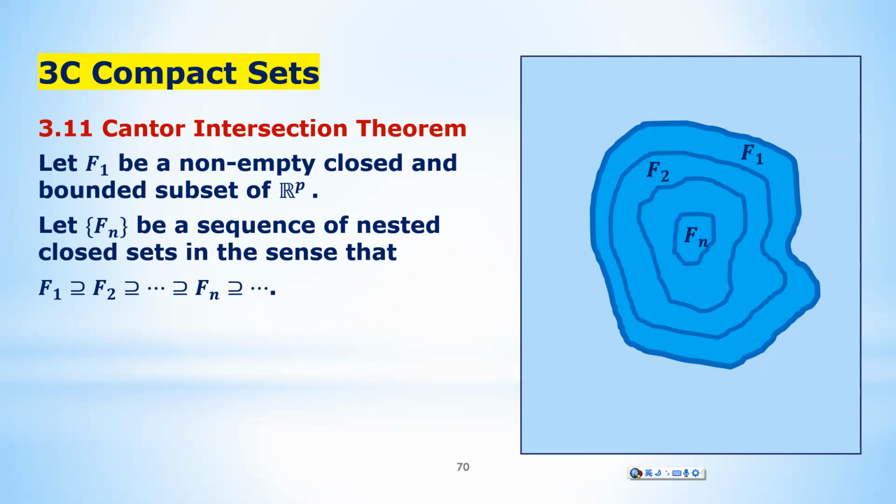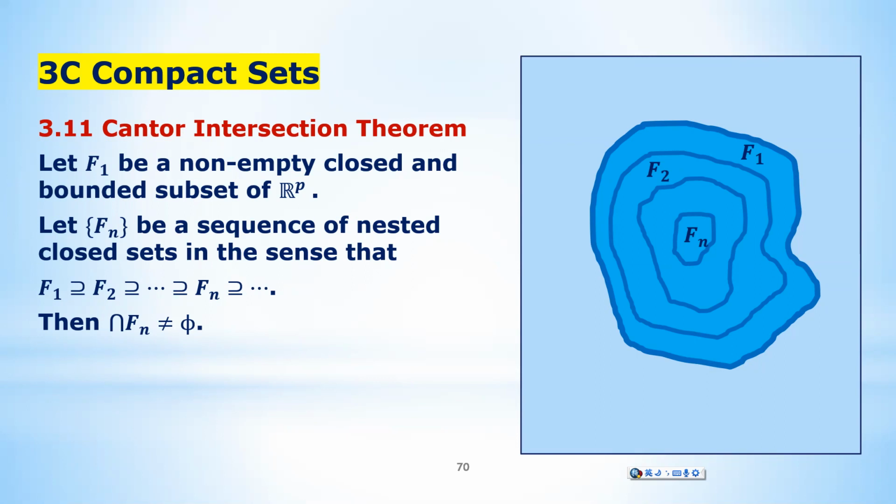So you have a sequence of closed sets getting smaller. Then the conclusion is that the intersection of the Fn is non-empty. So this is called the Cantor intersection theorem. This is the extension of the nested cell theorem.